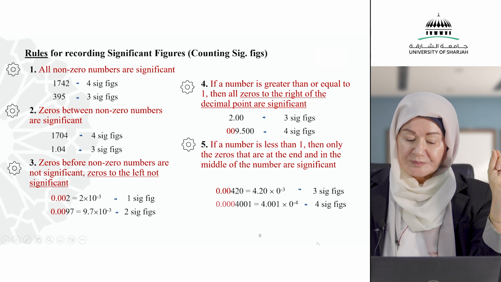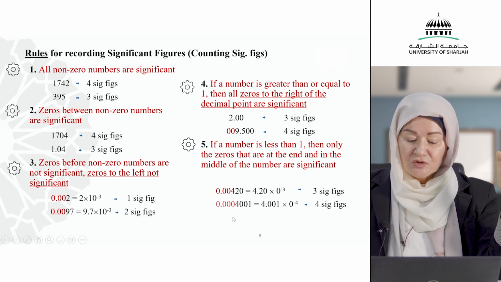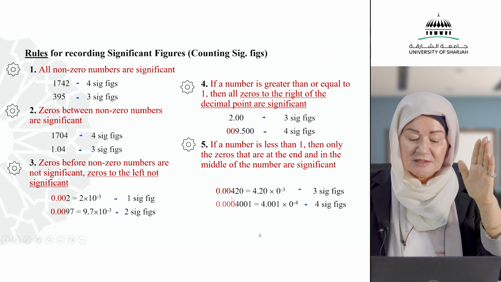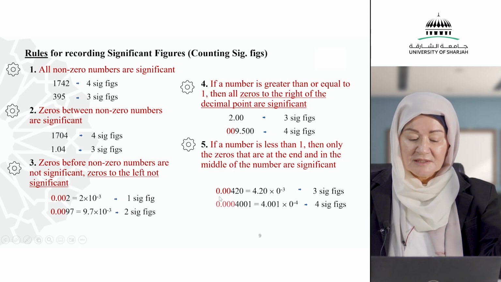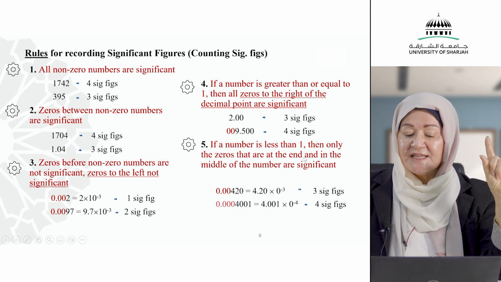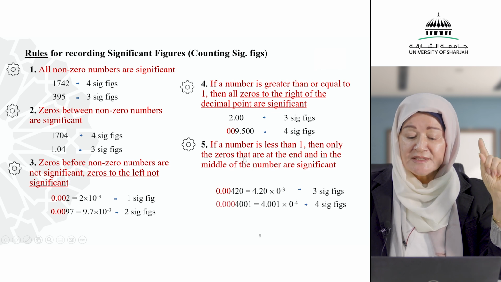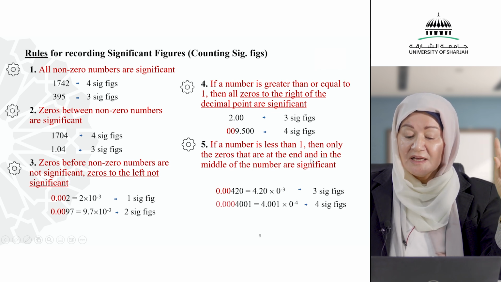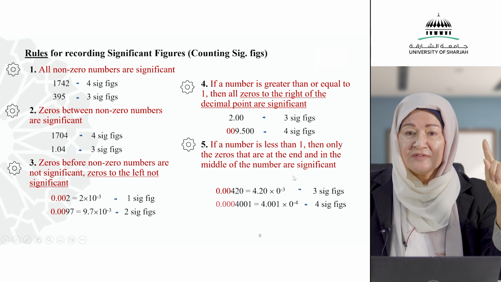Number 5. Here, I have to check again. Zeros at the left, not significant. 420, written as 4.20 times 10 to the minus 3, is 3 significant. Here, let me read for you the rule. If a number is less than 1, then only the zeros that are at the end and in the middle are significant.